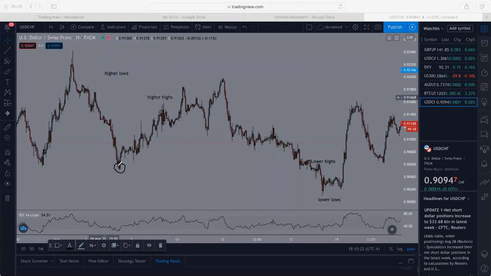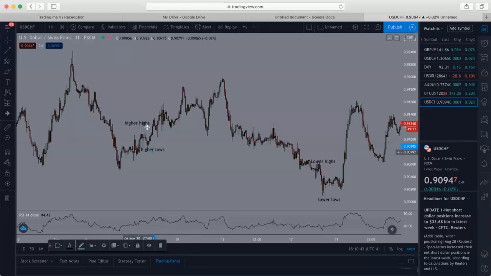Start down here, come up, down, up, down, up, down, up, down, up, down, up, right? So each one of these, this is the low, came up, this is now the high, came up, this is now a low, but it's higher than this low, hence the name higher low. Came up, new high, it's higher than this high, so higher low, higher high.